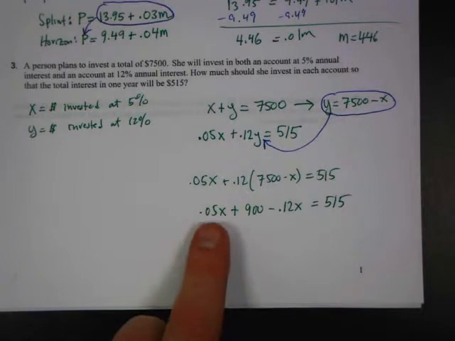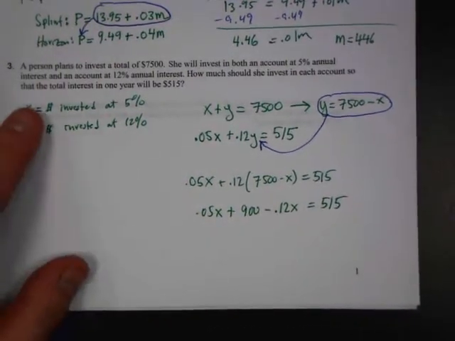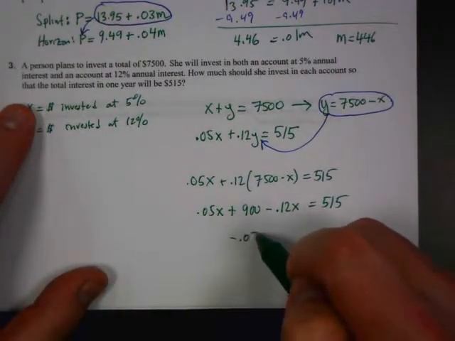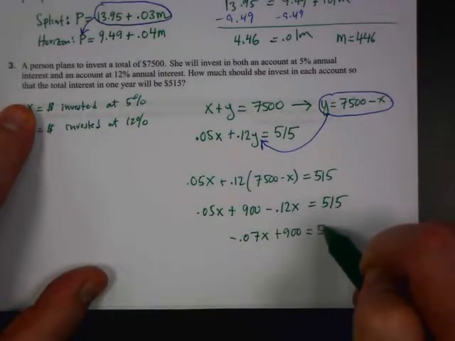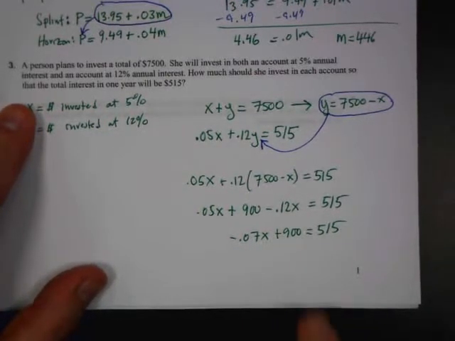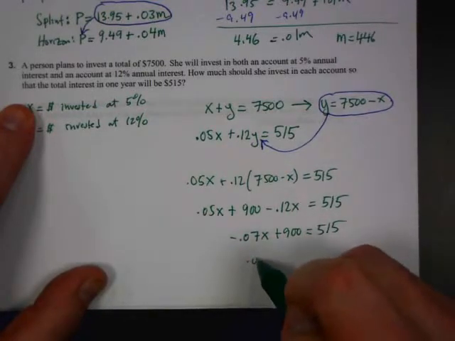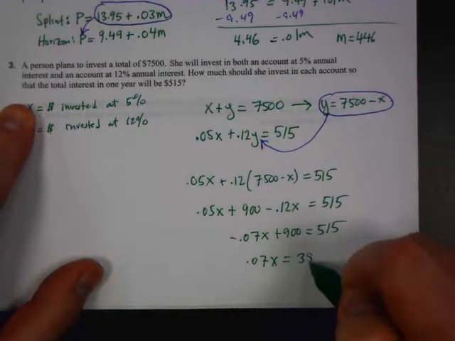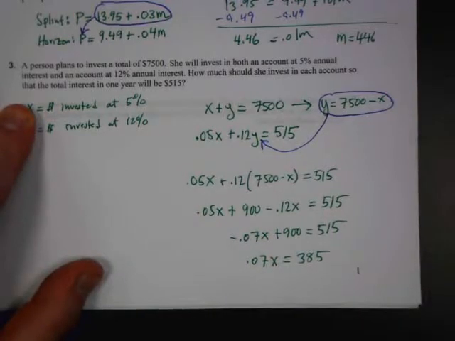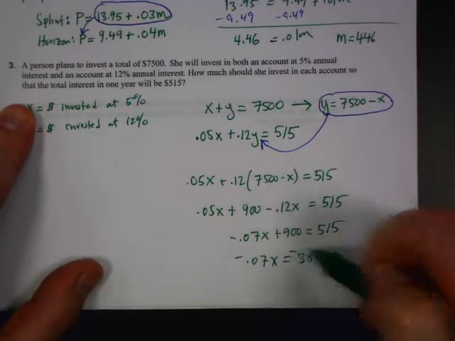Add those together. 0.05x minus 0.12x, that's minus 0.07x, plus 900 is 515. Subtract the 900: 0.07x is 515 minus 900, which is 385. Negative 385, because that's a negative 0.07 also.